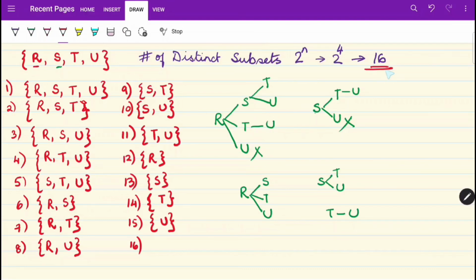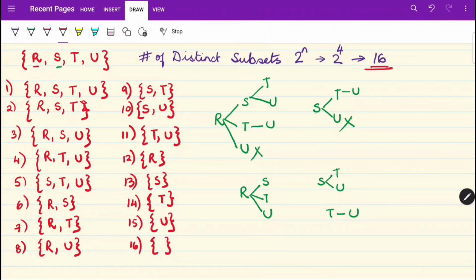We need 16 distinct subsets because we know that's the number of subsets that should come up from a set of 4 elements. So recall that we said that the null set is also a subset of any set. So the last one we will just write as an empty set, all right, with just 2 parentheses, nothing between them.